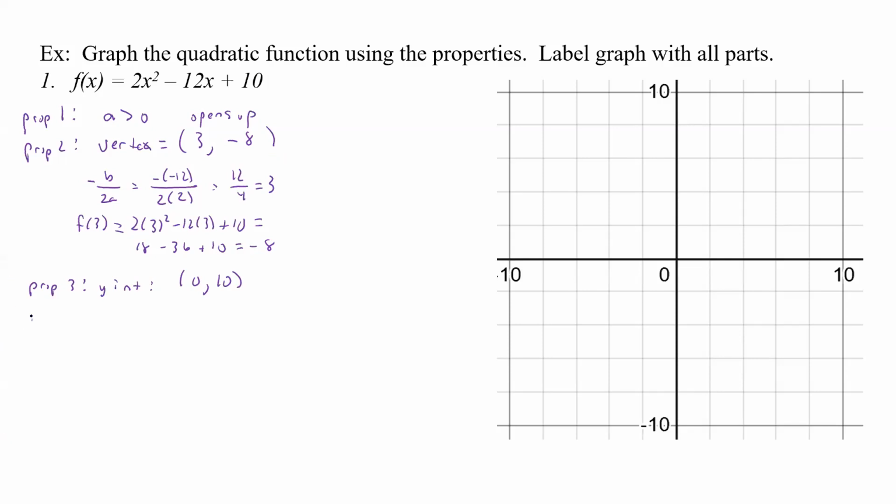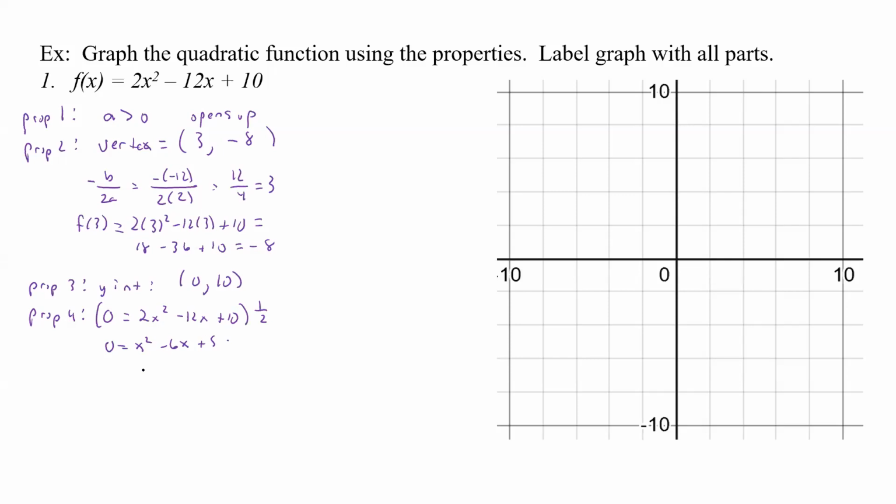What about property 4? Well, property 4, we're going to set our function equal to 0 and solve. So 0 equals 2x squared minus 12x plus 10. Now, I see that there's a factor of 2 in all these, so kind of like we have been doing, I'm going to multiply by half. So that gives me 0 equals x squared minus 6x plus 5, and we got 0 on the left side now.